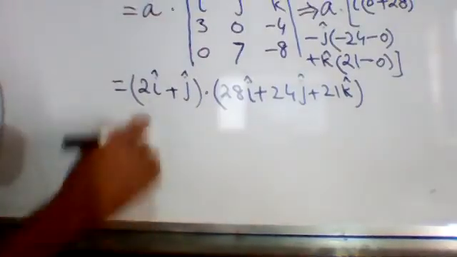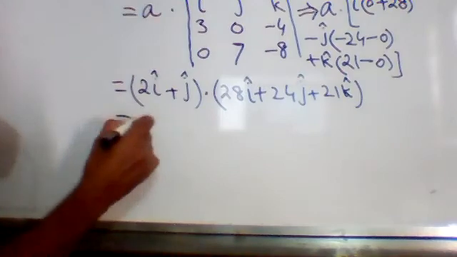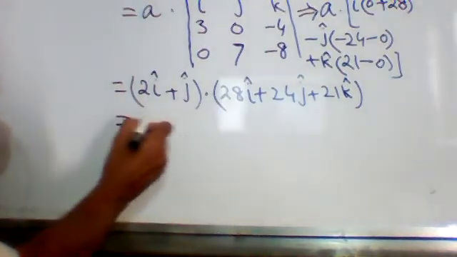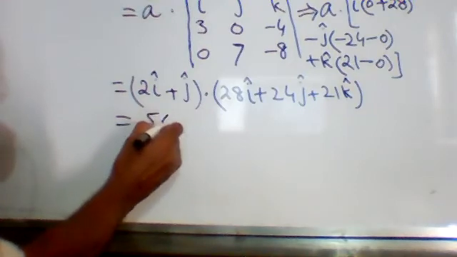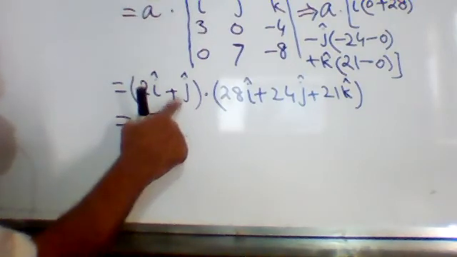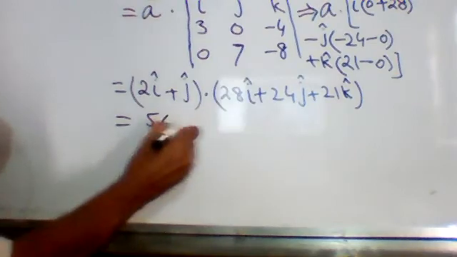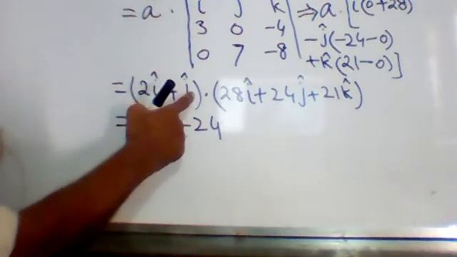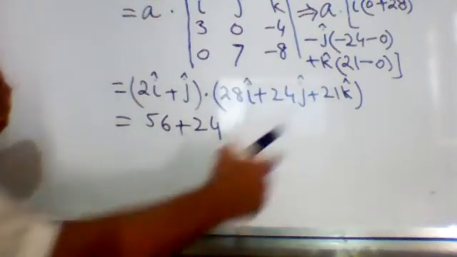Take their dot product. I is multiplied with i: 2 into 28 will be 56. Then 1 into 24 will be 24. Then there is no k in A, so 0 into 21 will be 0.